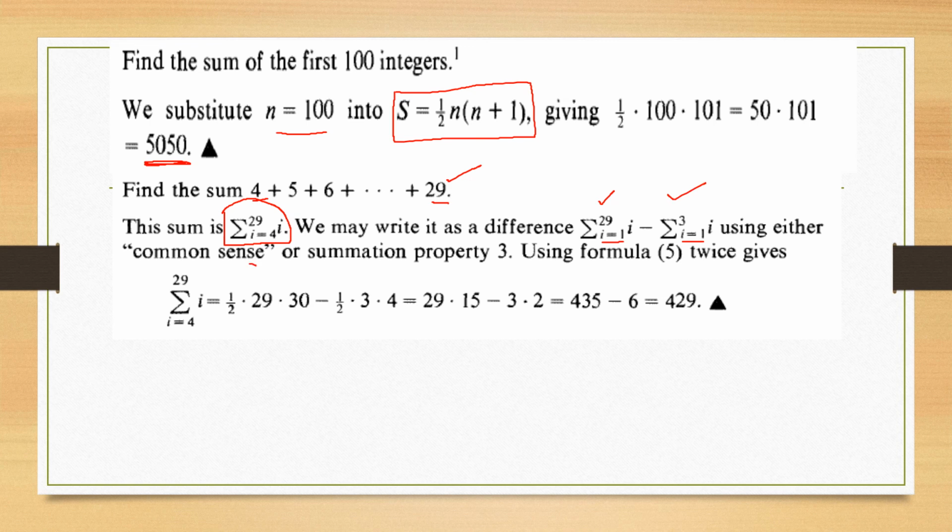This is just the use of common sense, and we use the third property which we have discussed before this. And using this formula twice, we obtain the sum of the required terms.